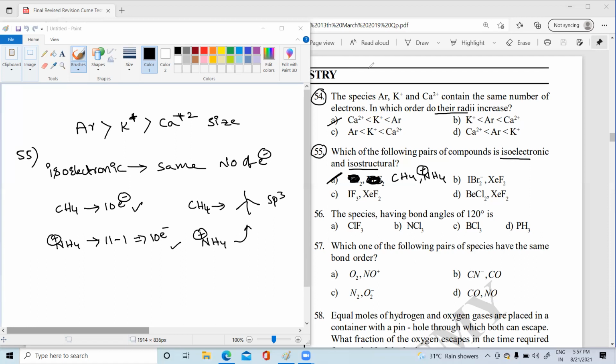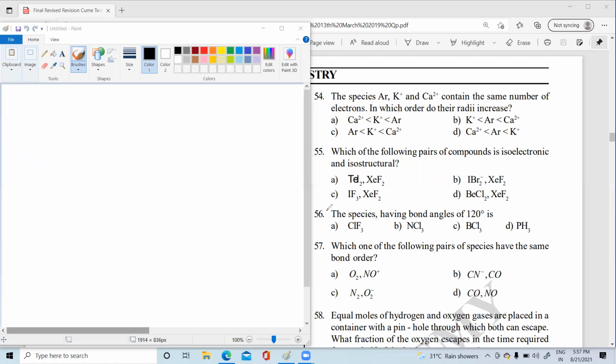So next we can go, students. Question number 56. The species having the bond angle of 120. 120 means it should be sp2 hybridization, students. ClF3 will have a bent T-shaped structure, sp3 d hybridization.